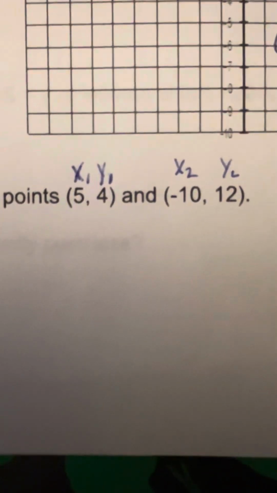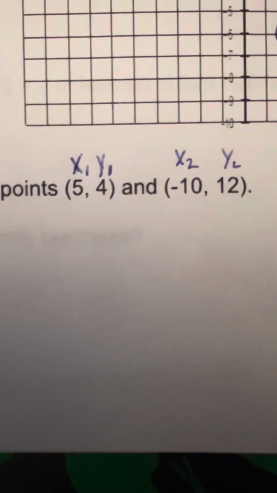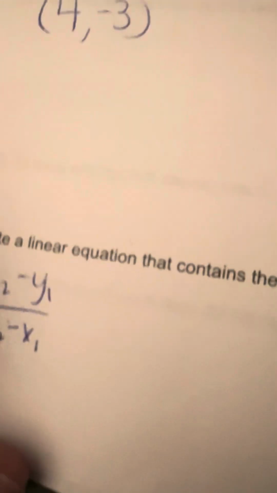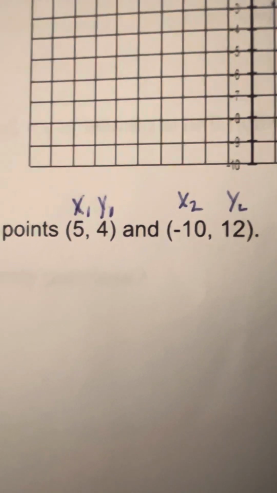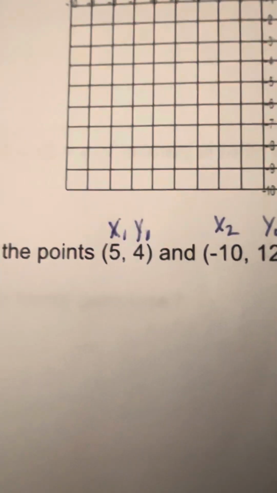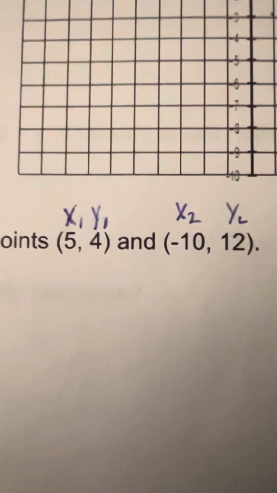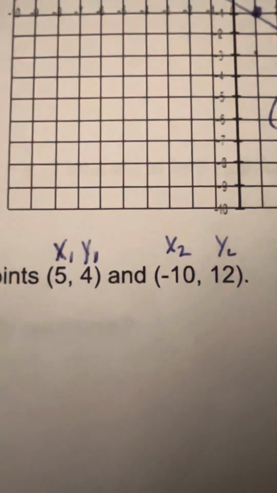So I'm just placing x1, x2, y1, y2 on the 2 sets of coordinates, and I'm going to use that slope formula, which is y2 minus y1 over x2 minus x1, and I'm going to plug them in as I need to. Now you can always put the x2's, y2's in the first set of coordinates, and the second set could be the ones, it doesn't matter, but it's just what I prefer to do.